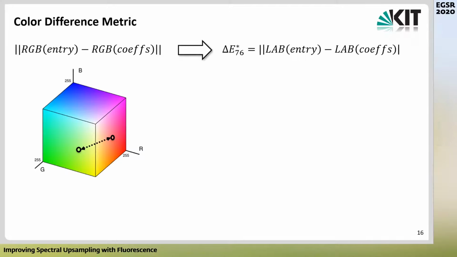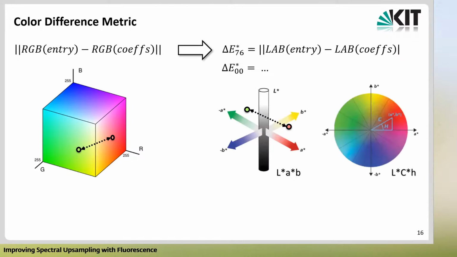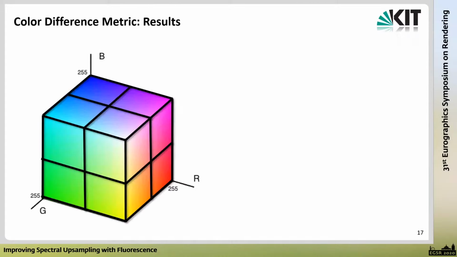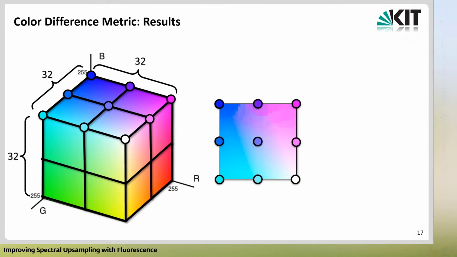So instead, we use the delta E76 metric, which is defined as the Euclidean distance in the LAB color space, and the delta E2000 metric, which is based on the LCH color space and is a bit more complicated to compute.